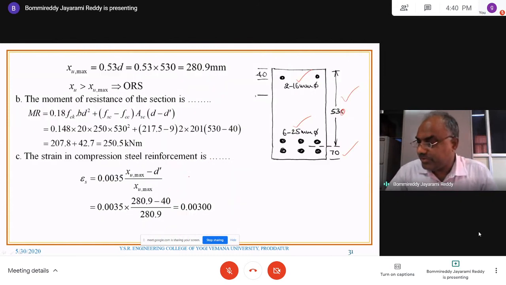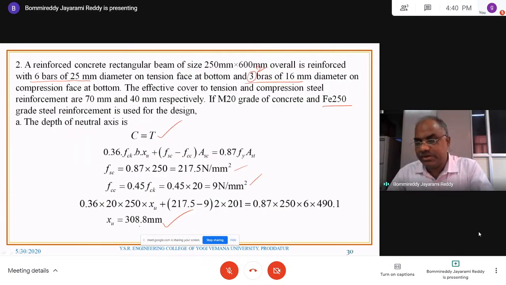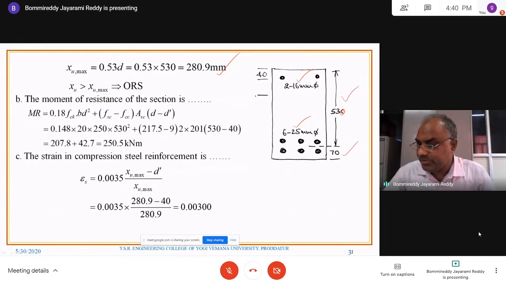And once it is known, find out XU maximum, it is 280. XU maximum 280, but actually it is 308. So XU is more than XU maximum, so over reinforced section. In over reinforced section, use the same formula.